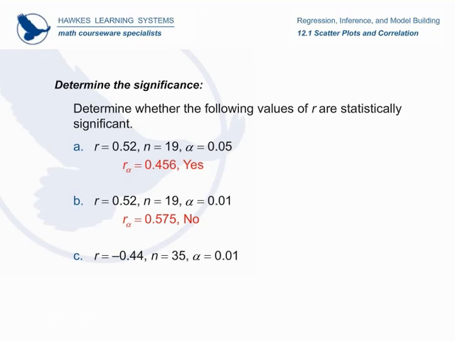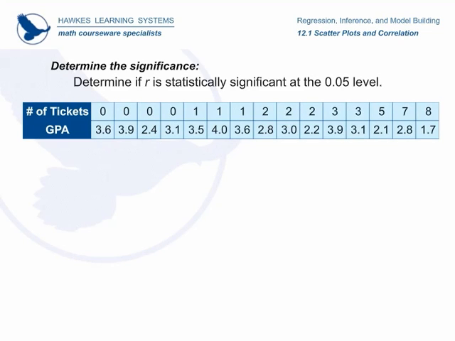Our third example is r equals a negative 0.44, n equals 35, and alpha equals 0.01, or 1%. So r sub alpha equals 0.430. So yes, our correlation coefficient is statistically significant.